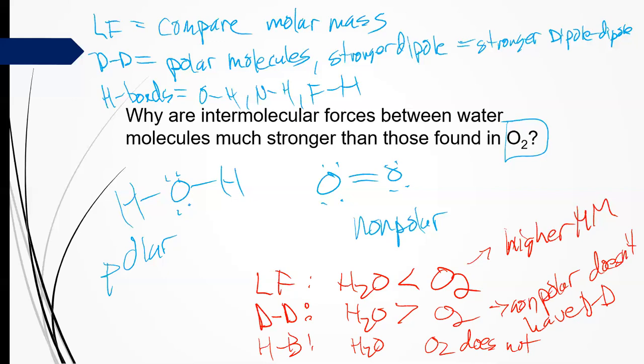So for our class, you can kind of assume that if you have dipole-dipole forces, you should have a higher boiling point than a molecule that only has London forces, unless it's significantly bigger in its size. And when we talk about significantly bigger, we're talking about molar masses that are probably about 10 times as large. It does depend a little bit on how strong your dipole-dipole is, but that's just a rough rule of thumb.